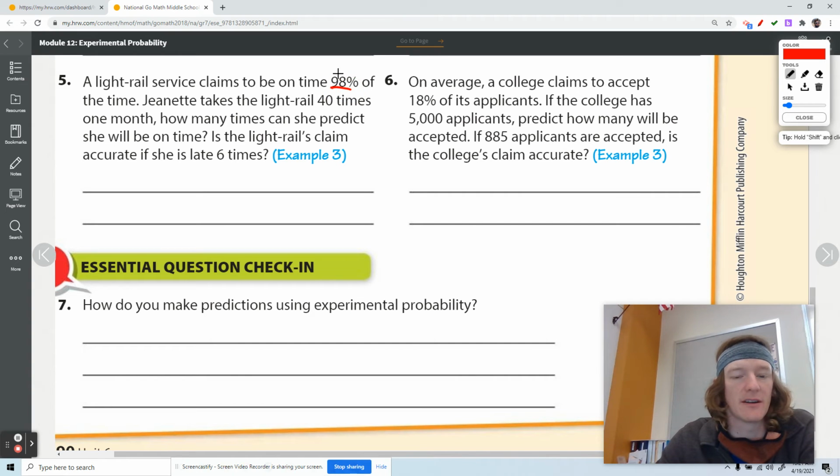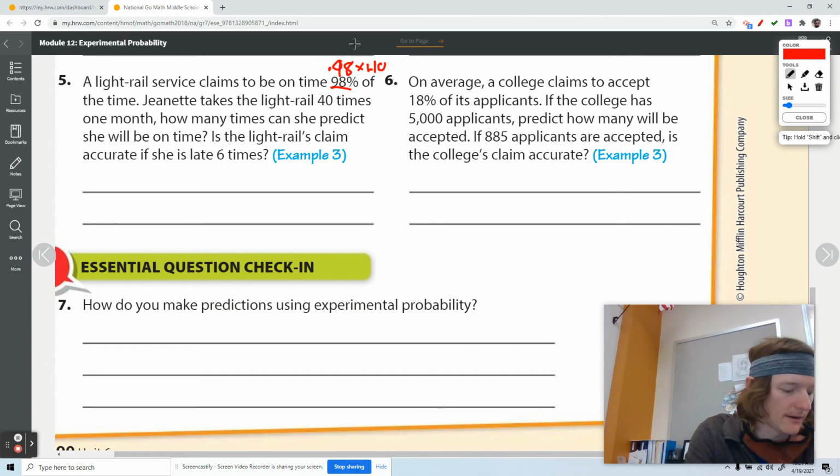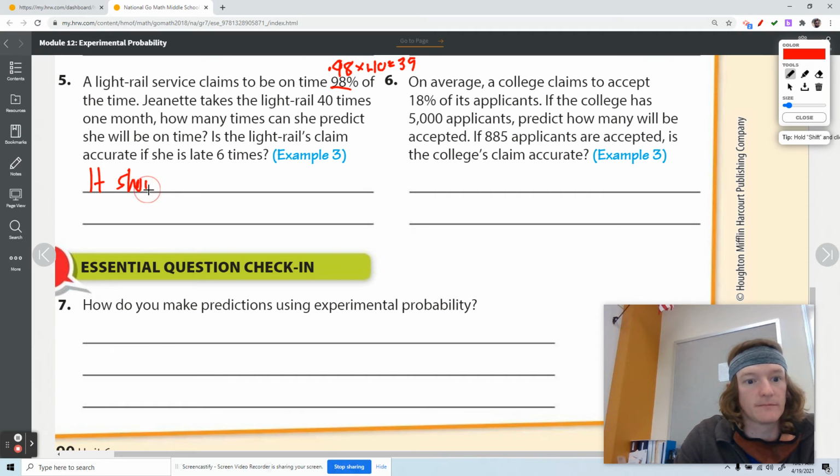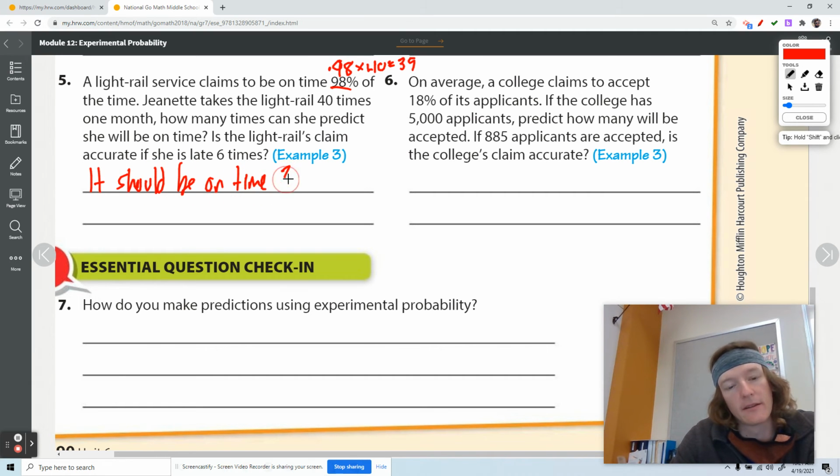If it's going to be on time 98%, or 0.98, out of 40, let's figure it out: 0.98 times 40 is 39.2, so it should be on time 39 times.